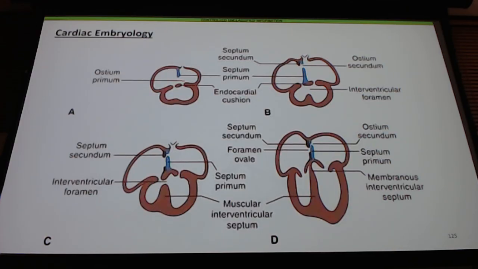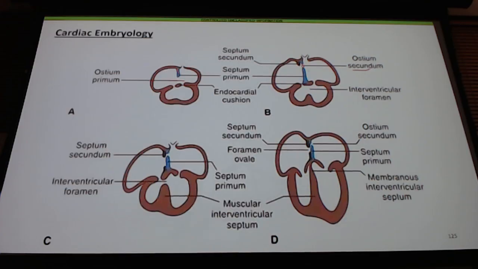You start getting the septum primum, the first septum to develop, it grows down, but to be able to allow blood to get from right to left, it produces this little hole or this ostium called the ostium secundum, the second ostium.